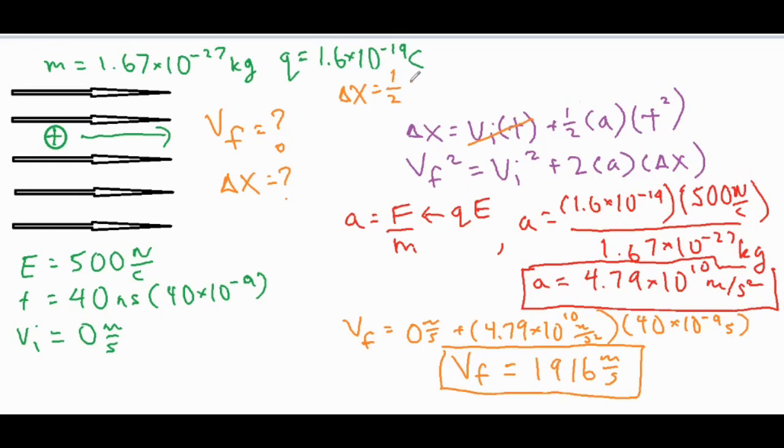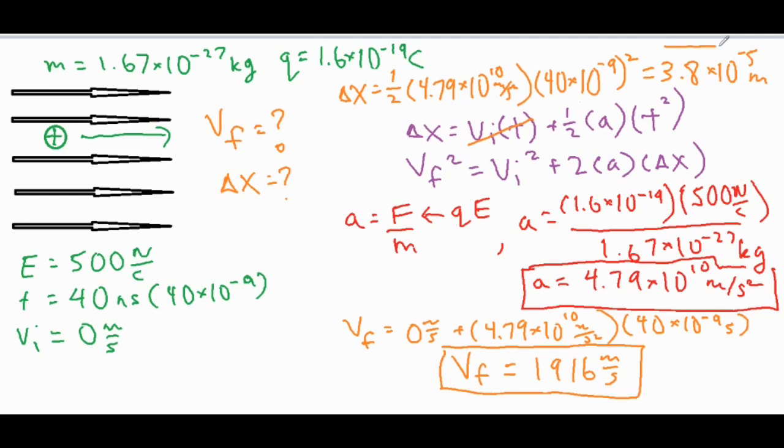And then we have 1/2 times our acceleration times our time squared. And then once we take the product of all these together, we get our final delta x value, which is 3.8 times 10 to the negative fifth meters.